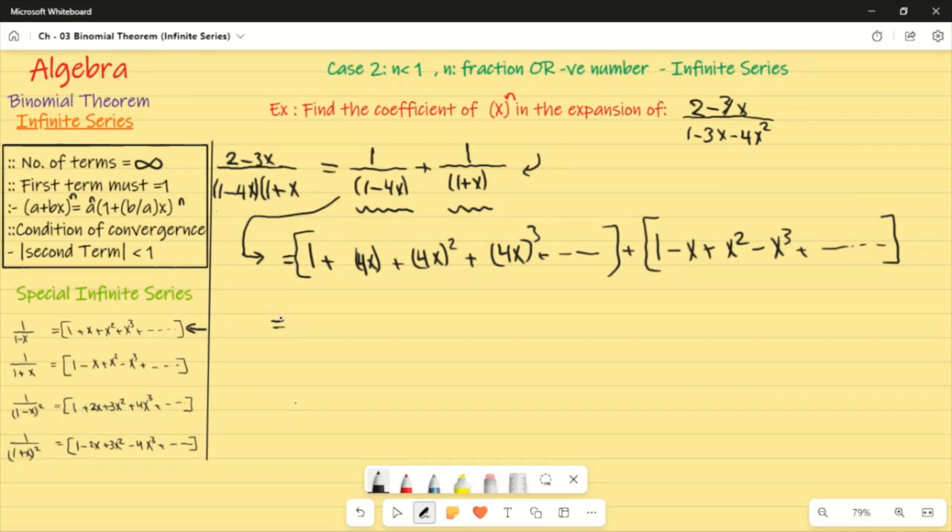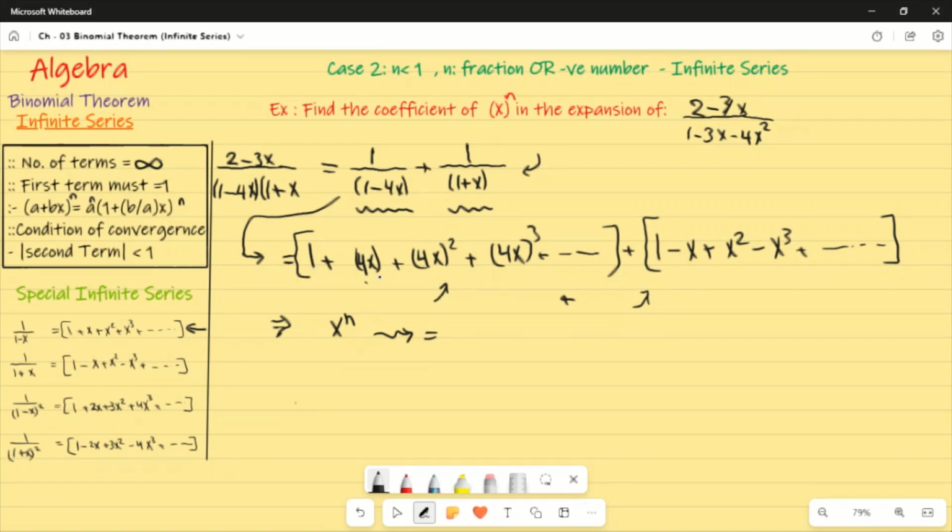But here we need to find the coefficient of x power n. So this will be equal to the coefficient of power n from here plus the coefficient of power n from here.